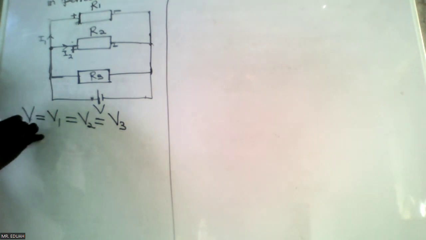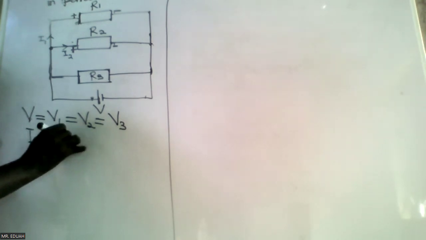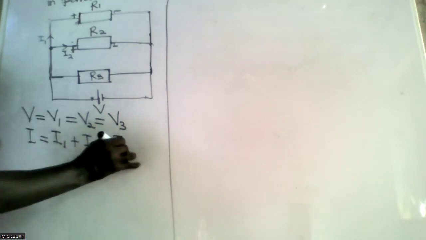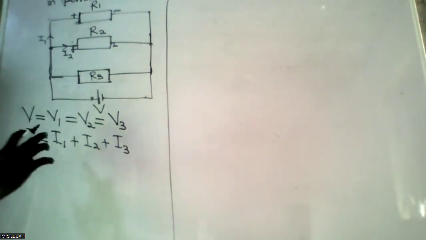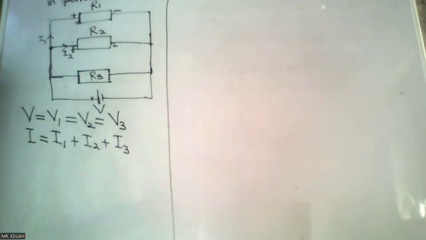But what varies is the current. So the total current coming from the source will be equal to the current into the first resistor R1 plus I2 plus I3. So all that I need to do is to find I1, I2, I3 and substitute into the equation.